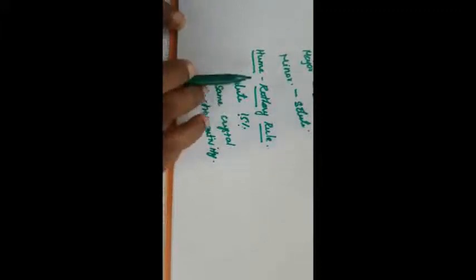This is the first condition: same crystal structure, and the difference in electronegativity must be zero. First, the solute is less than 15%. Second, both metals or non-metals must have the same crystal structure. And another is that the electronegativity difference must be zero.